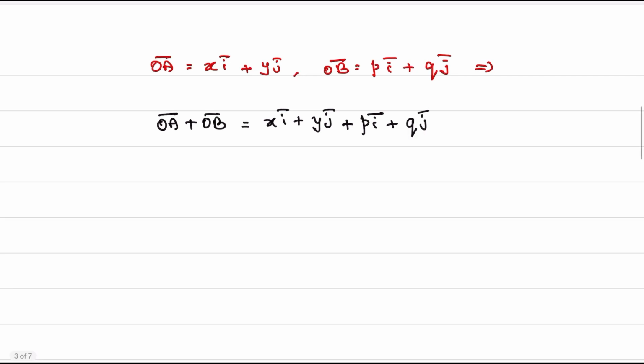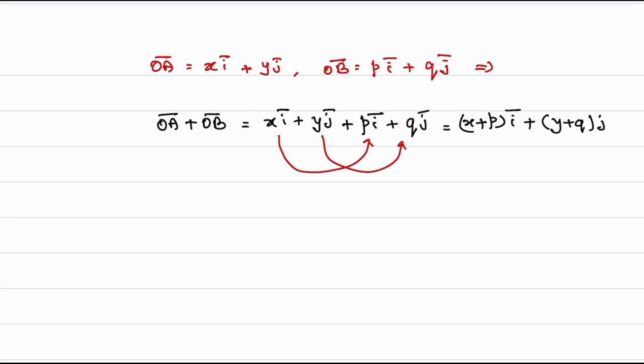What we do? i bars will add together, j bars will add together. That gives (x plus p) i bar plus (y plus q) j bar. This is OA plus OB.